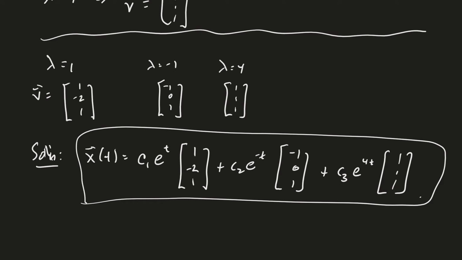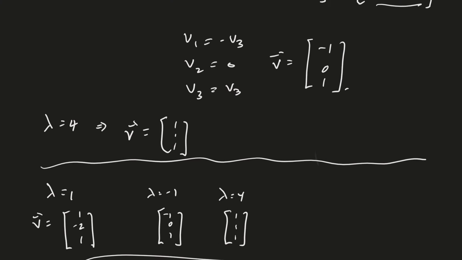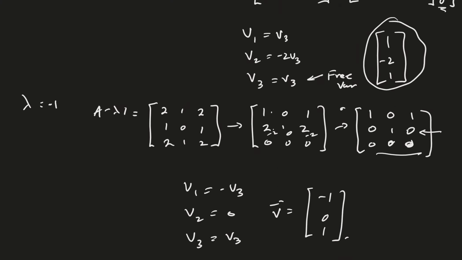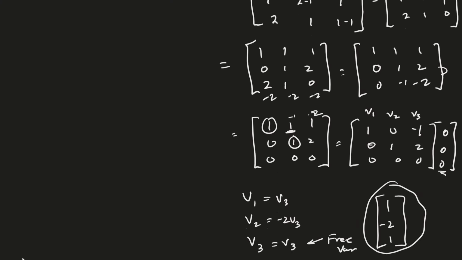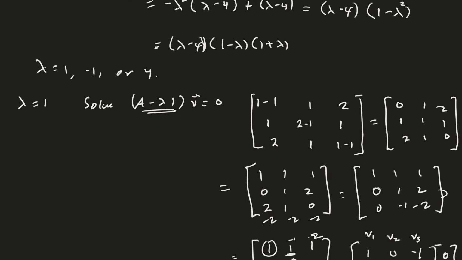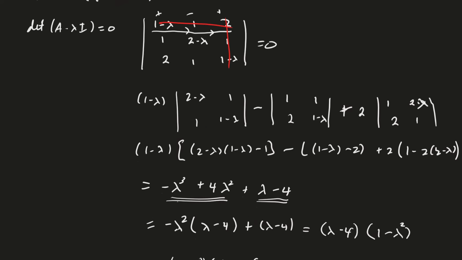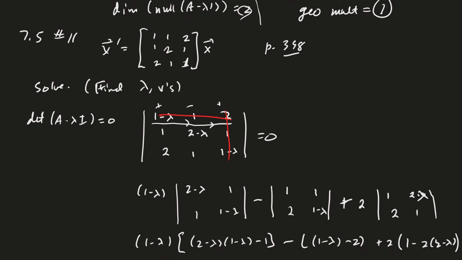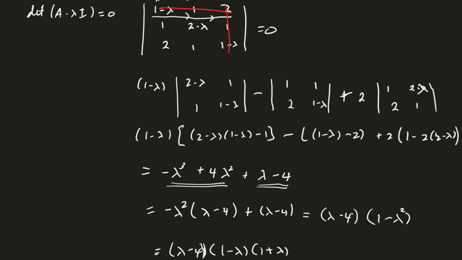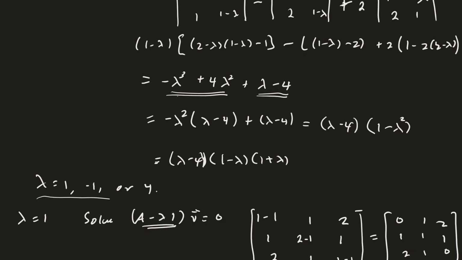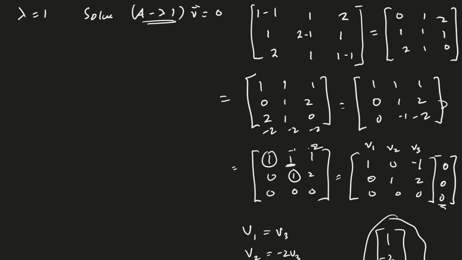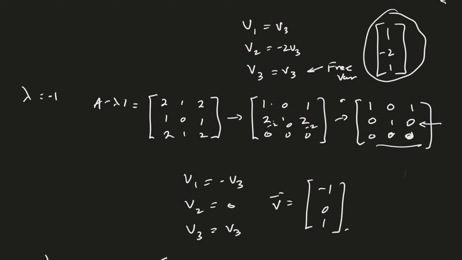Alright, so in the last video we talked about solving a system of linear differential equations, and that was the case where we had real distinct eigenvalues. For example, I'm just scrolling up to this last case we had, 7.5 number 11, and we found that the eigenvalues were all nice and real and distinct, and then we formulated our eigenvectors from that.